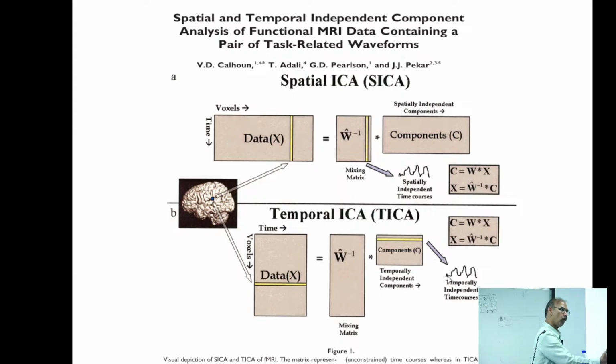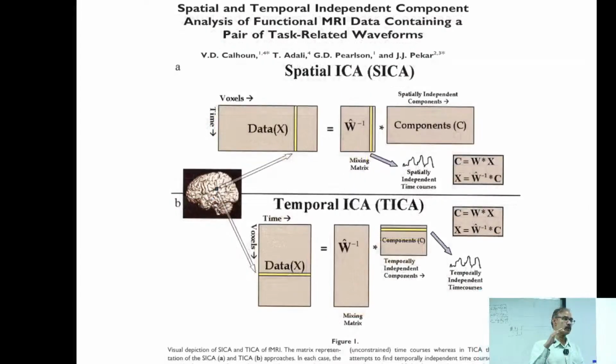And therefore, doing ICA in space is equivalent to doing ICA in time, right? Because in linear algebra, if you're trying to find the eigenvalues, if you have a matrix, the eigenvalues will remain the same whether you transpose the matrix or not, okay? And this was a very important observation.